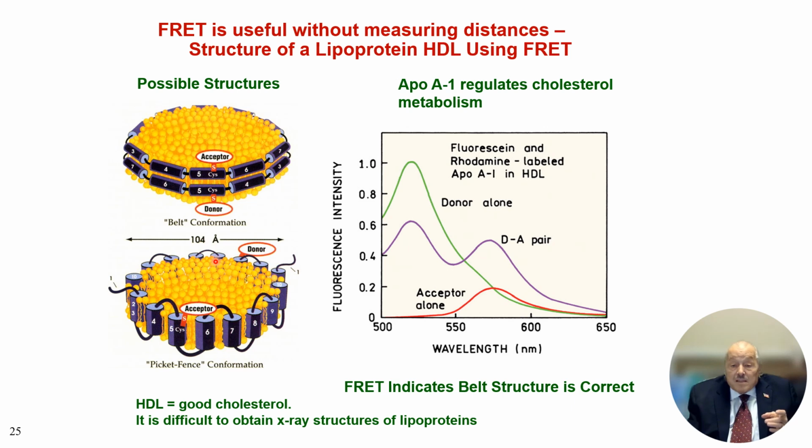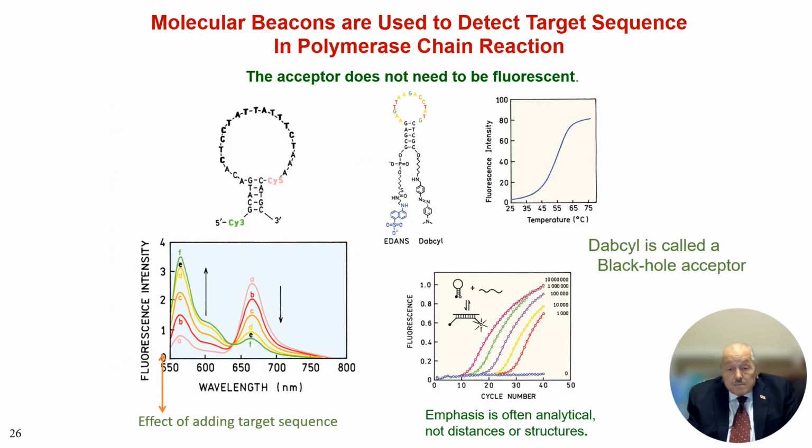And they reasoned that if this belt structure were correct, they should see energy transfer. If the picket fence structure was correct, they would not see energy transfer. And that's basically what happened. They did see energy transfer and concluded that the belt structure was correct.